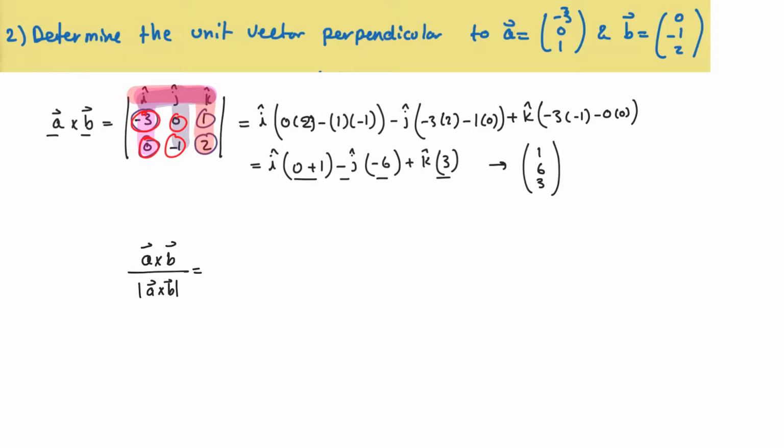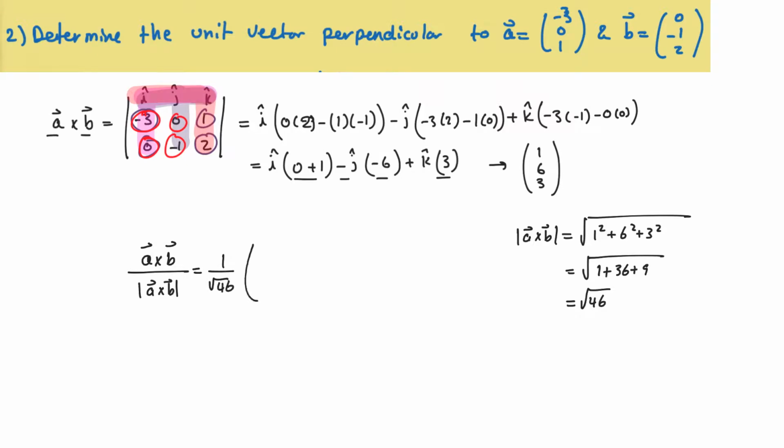So the magnitude of a cross b will be the root of their x component squared plus y component squared plus the z component squared, which is 1 plus 36 plus 9, which is equal to root 46. So my final answer here is going to be 1 over root 46 multiplied by my vector 1, 6, 3.